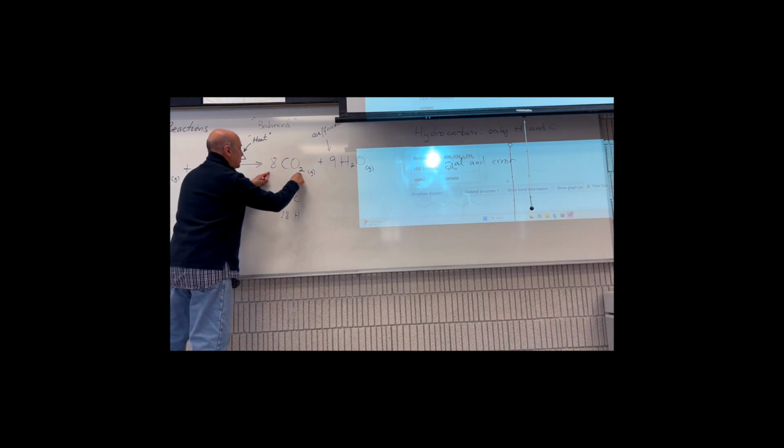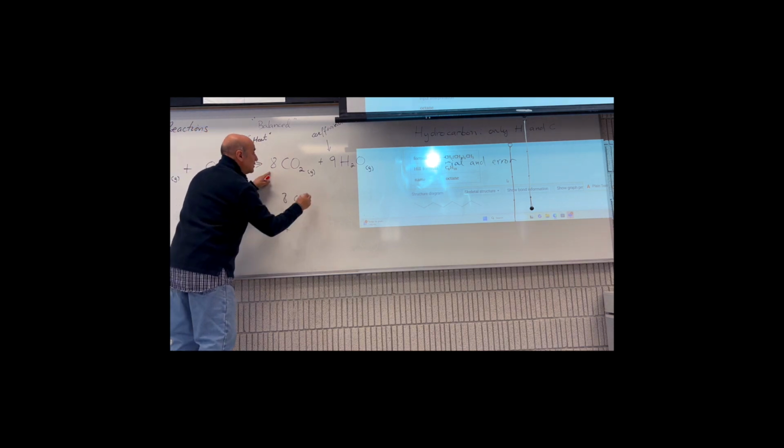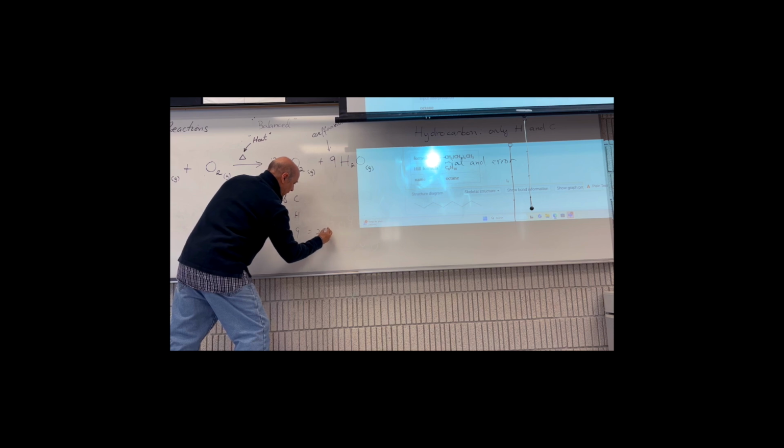We have 2 oxygens, and we have 8 times 2, 16, plus 9 times 1, 9. We have 25 oxygens. An odd number. So how do we make this 25? Well, we can't, right?